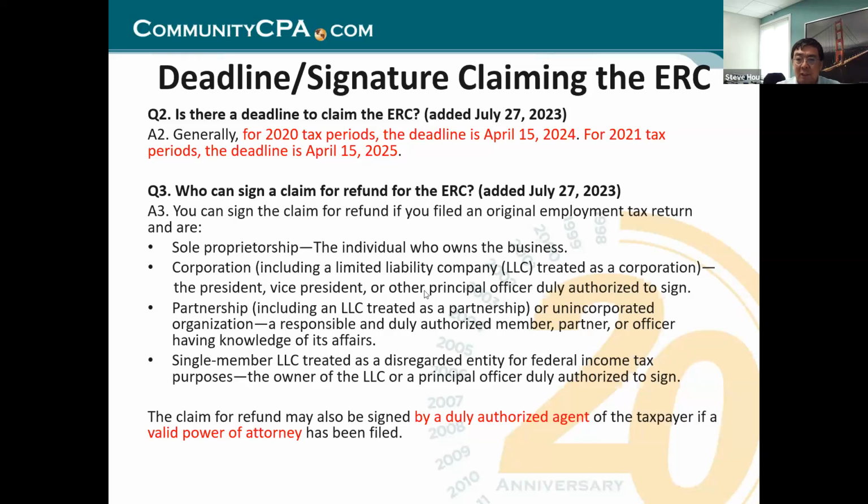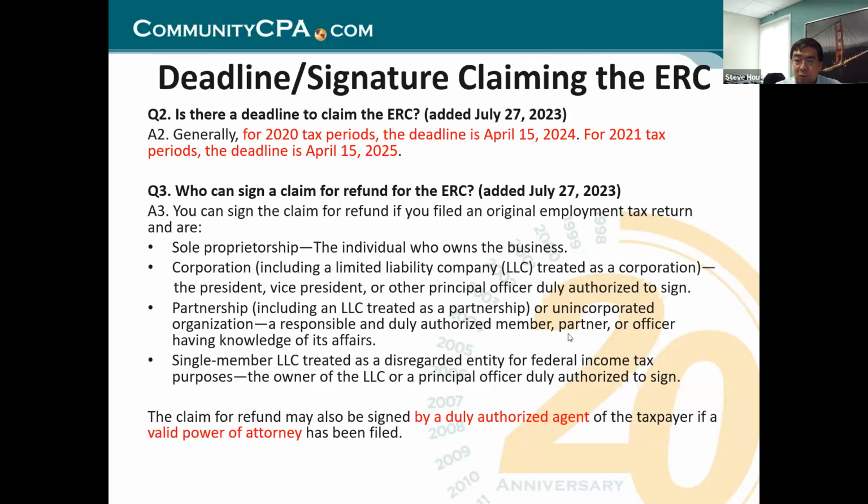It's not clear what principal duly authorized means, so I suggest that if you are a major corporate officer, have the corporation give you the title of president or vice president, and just sign as one of those titles. Then that will remove any ambiguity. And if you are a partnership with 2 or more partners, I should say.